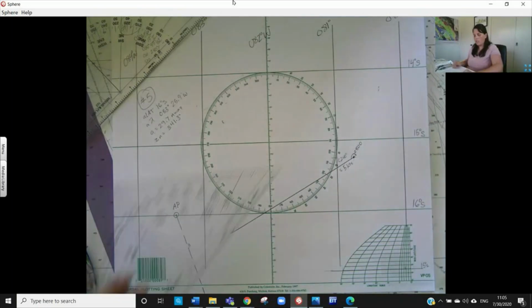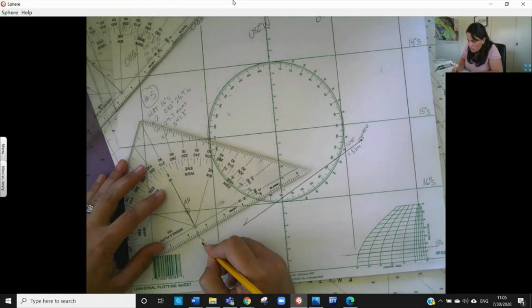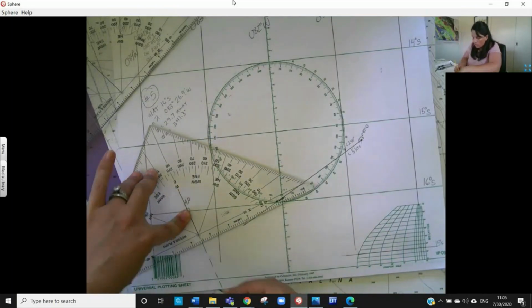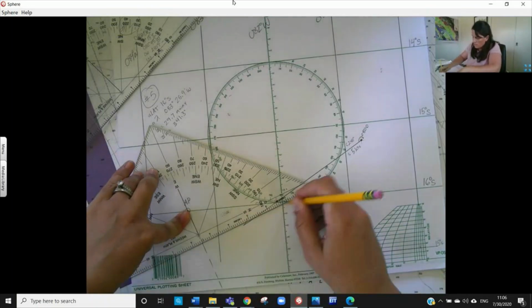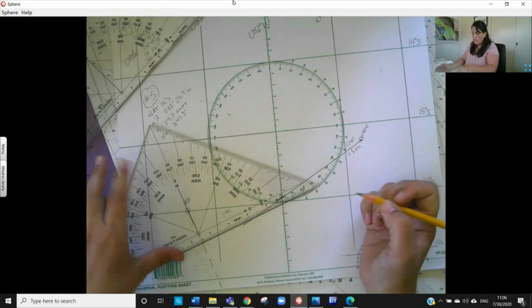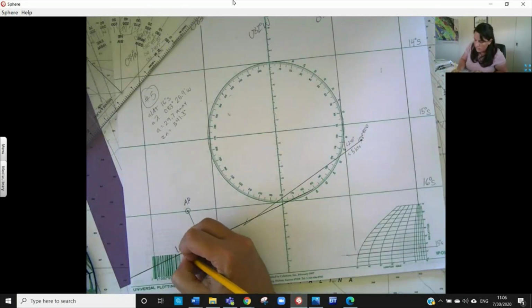So now I draw a line perpendicular, and that line is my LOP.